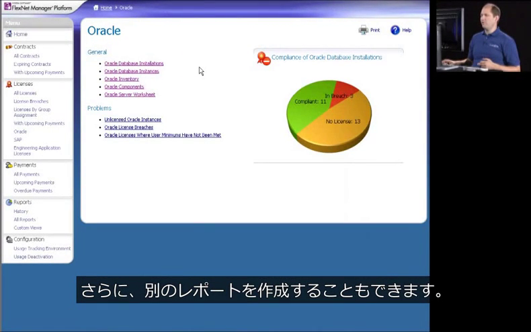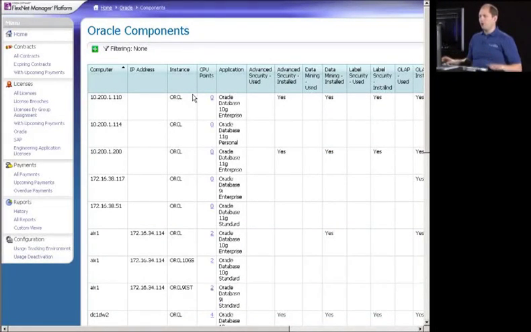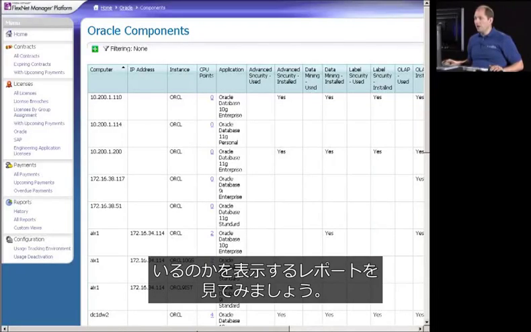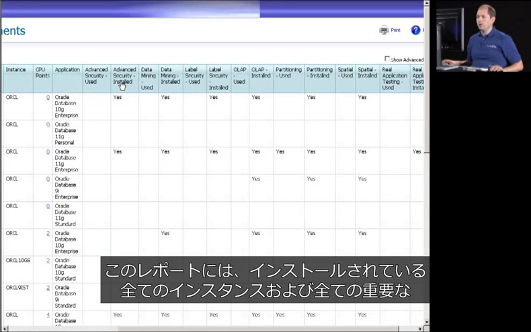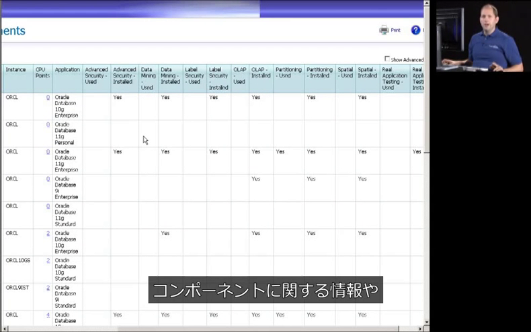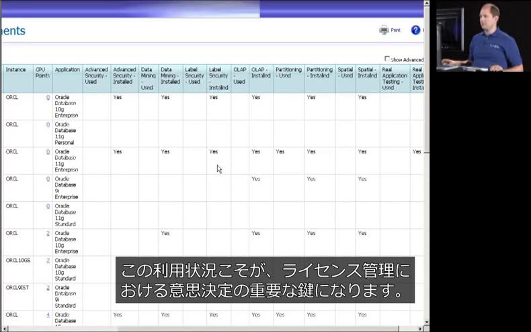Additionally, we can provide other reports such as where all the Oracle components are installed. This report highlights in great detail all of the instances and all of the important Oracle components that are installed and whether they're used. And it's that usage in most of these cases that actually triggers the licensing decision.